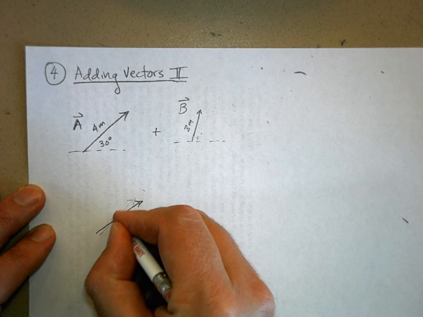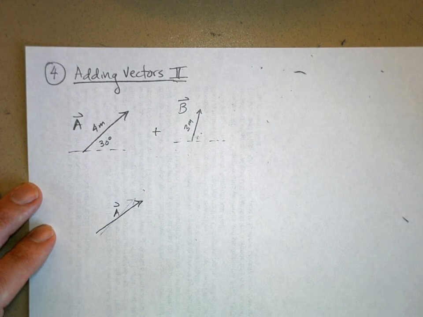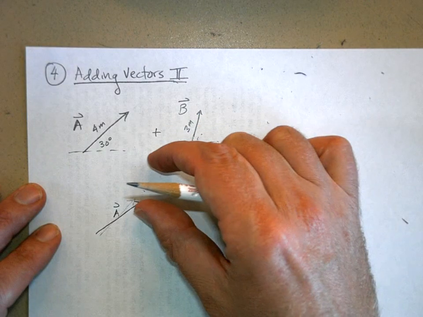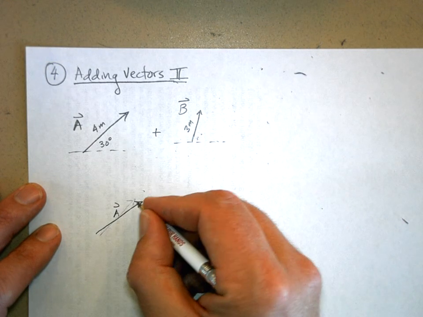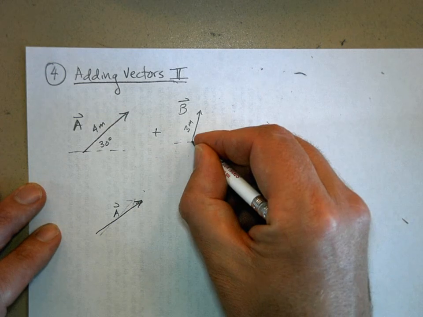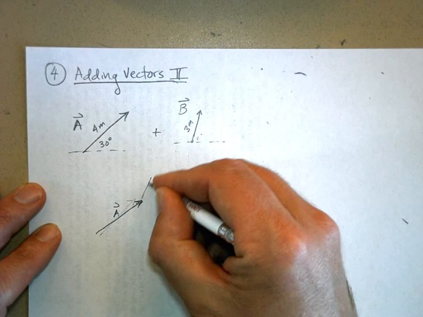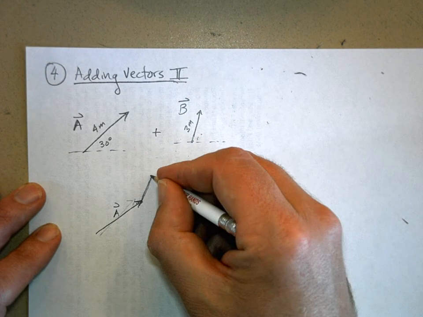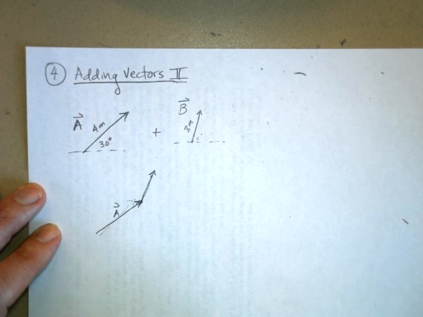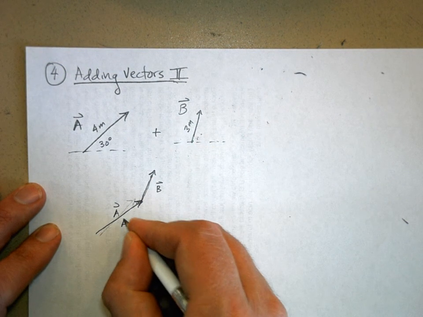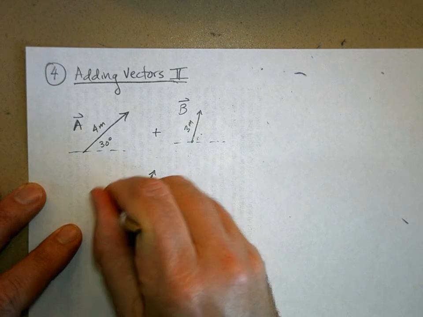So there's vector A. And then what we do is we take vector B and we stick it on the end of vector A. So here's the arrow, and then this is the tail. So it goes arrow to tail. Here's vector B. Looks like that. And then let me actually rewrite this a little bit.